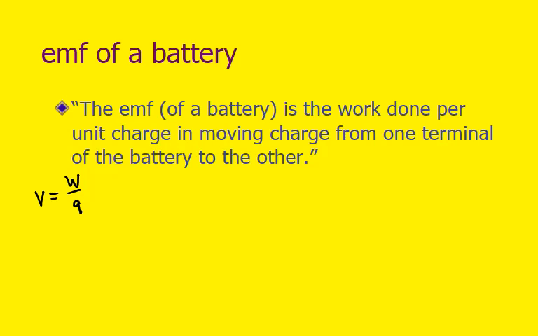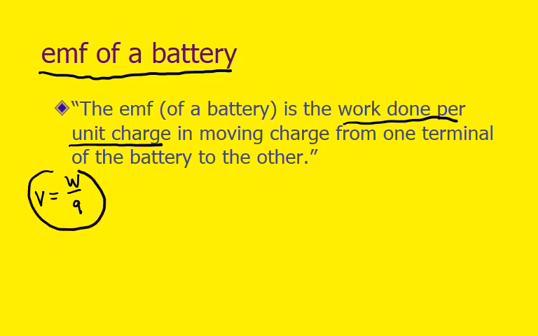So the EMF of a battery is the work done per unit charge in moving a charge from one terminal to the other. This is an important definition that you'll need to remember: work done per unit charge in moving the charge from one terminal of the battery to the other. This is what we talked about with potential difference.